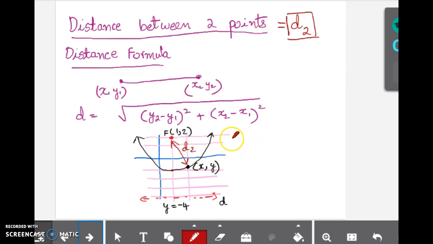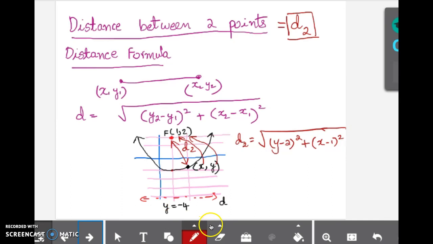So to find d2 in this case, we find the difference between the y coordinates. The distance d2 is given by the square root of (y minus 2) the whole square, that's the difference in the y coordinate, plus (x minus 1) the whole square, since the x coordinate of the focus is 1. So that is our distance d2.